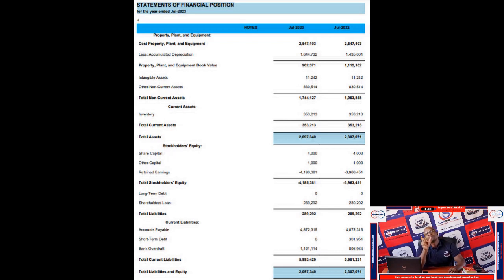Under non-current liabilities, you only show the portion that you're going to pay after 12 months. The portion that you're going to pay within 12 months, you show under your current liabilities. That's how you record your liabilities in your balance sheet.